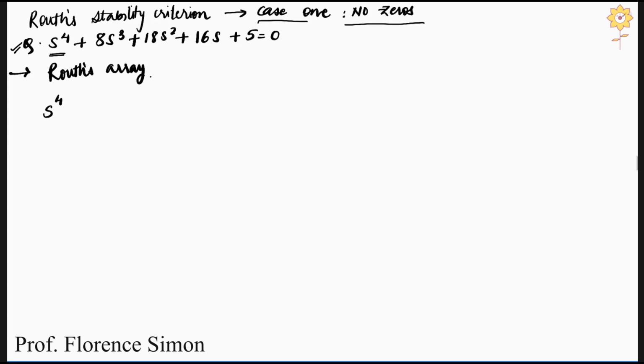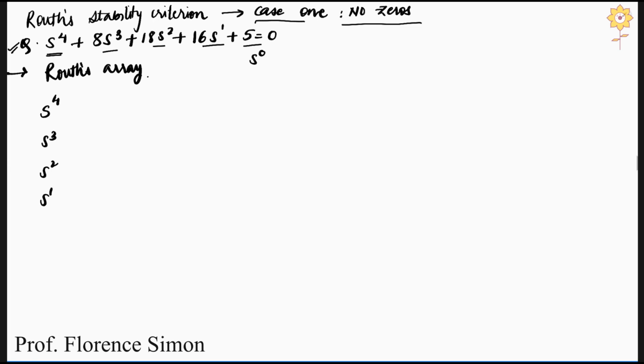We will write s raised to 4, then s raised to 3, s raised to 2, s raised to 1 and s raised to 0, because anything raised to 0 is 1. Here we will be able to fill the first 2 rows in the Routh's array by the characteristic equation that has been given to us. This is called the characteristic equation.